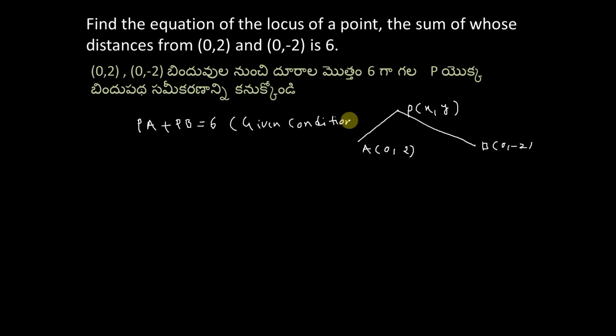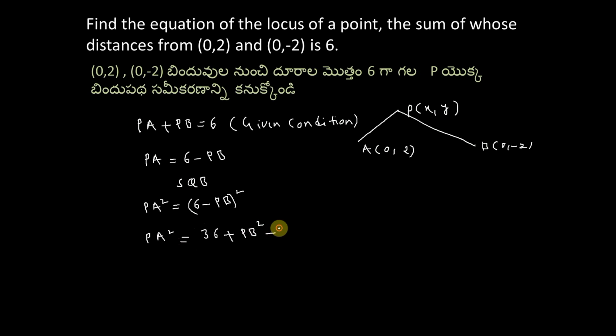Now based on this given condition, let us solve the problem here. PA can be written as 6 minus PB here. Now squaring both sides, I can write PA square is equal to 6 minus PB whole square. Expand: PA square is equal to 36 plus PB square minus 12 PB.